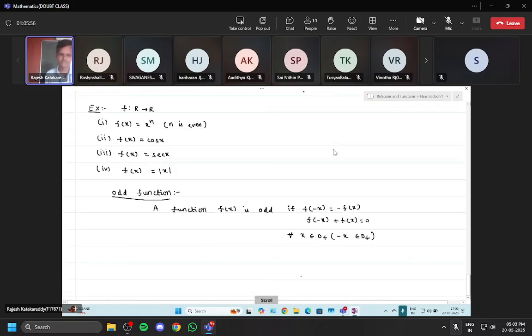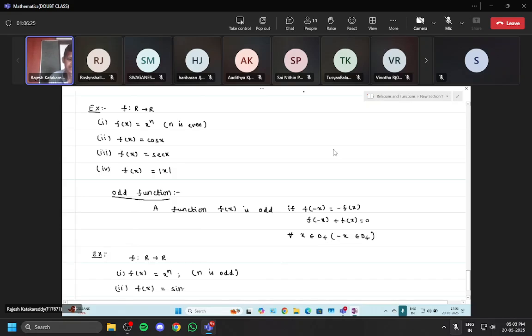So now some standard examples we are seeing. In examples we can take f as a mapping from real to real. f of x is equal to x power n, where n is odd. And then all trigonometric functions except cos and secant.